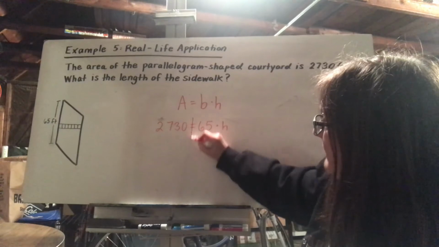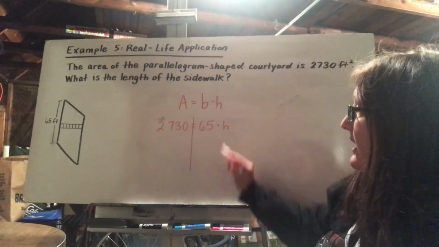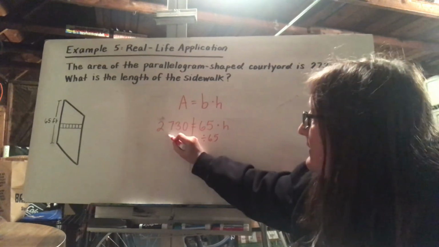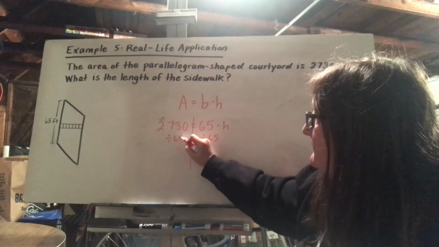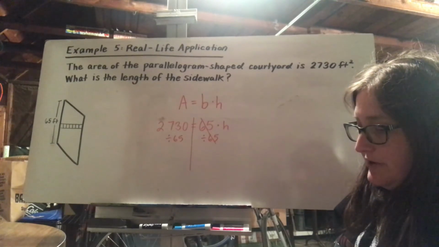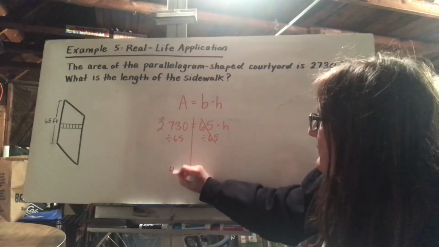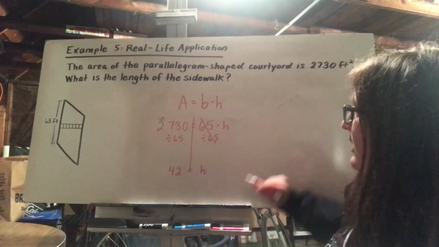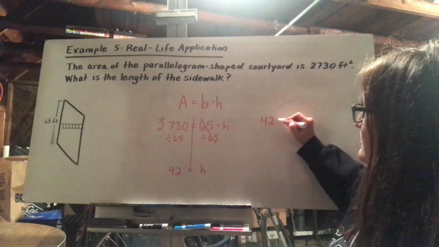So I'm going to split my problem at the equal sign. I have times 65. The opposite would be divide by 65. And I'm going to do that to both sides. Here it will cancel out. 2,730 divided by 65 leaves me with 42. And over here I have h. So the length of the sidewalk there would be 42 feet.